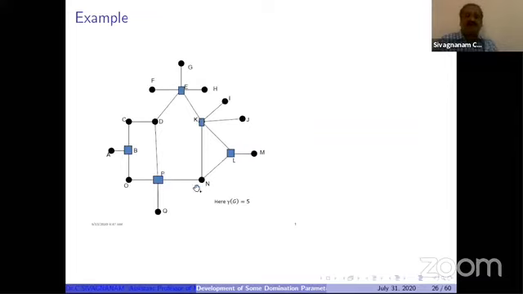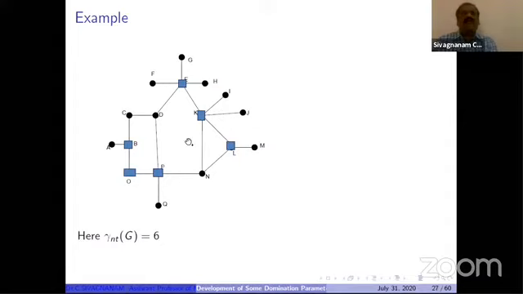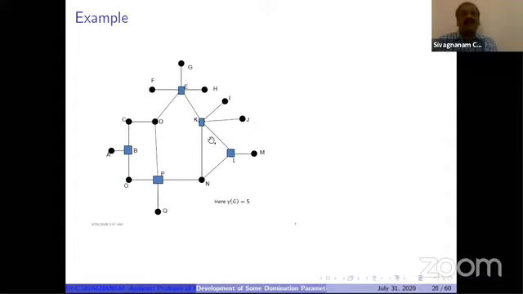So in this example, you have to see that gamma of G equals 5. Already I gave the same example. But here you have to see what NS is. In this example, these are all the vertices we have.